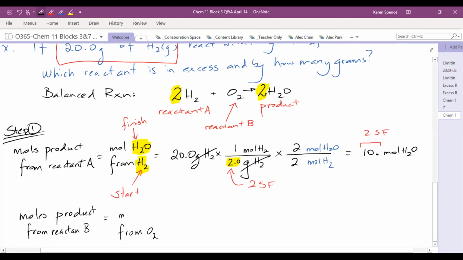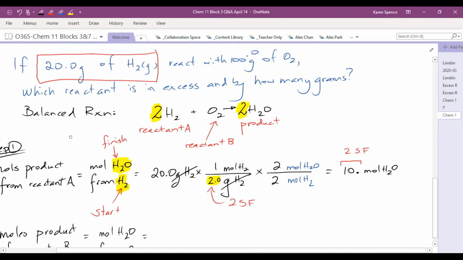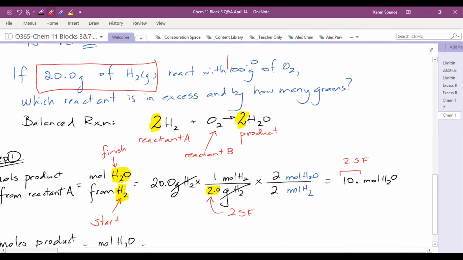How many moles of product, H2O, can we make from our O2? Well, how much O2 do we have? Let's go look in the question. We have 100 grams of O2.